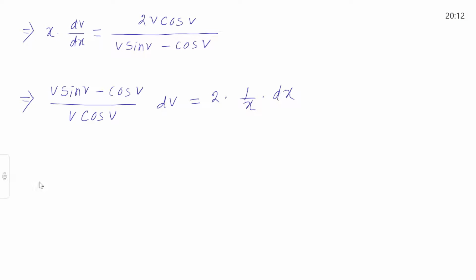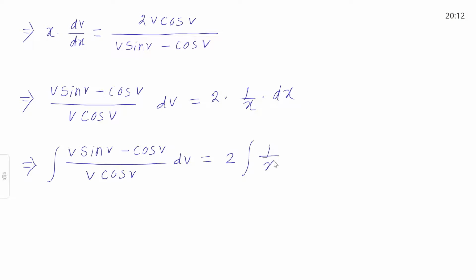Is that clear? Separated. Now just integrate. This implies integration of v sin v minus cos v whole terms divided by v cos v dv is equal to 2 times integration 1 by x dx plus some constant of integration c1.